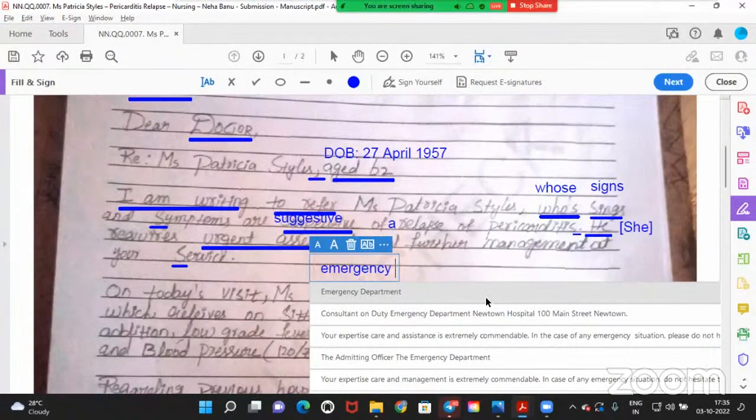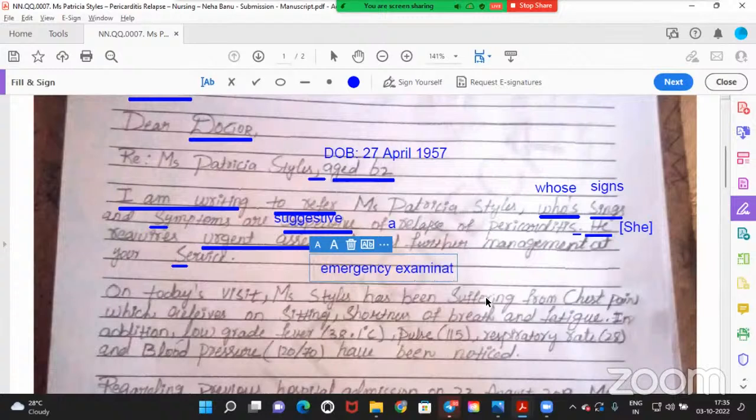So emergency examination or immediate examination, immediate examination, and further management at your service.